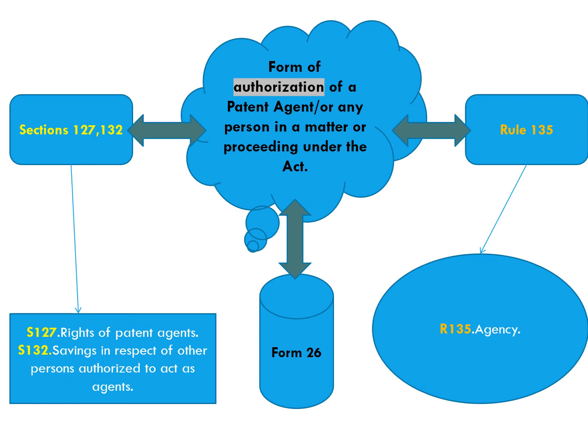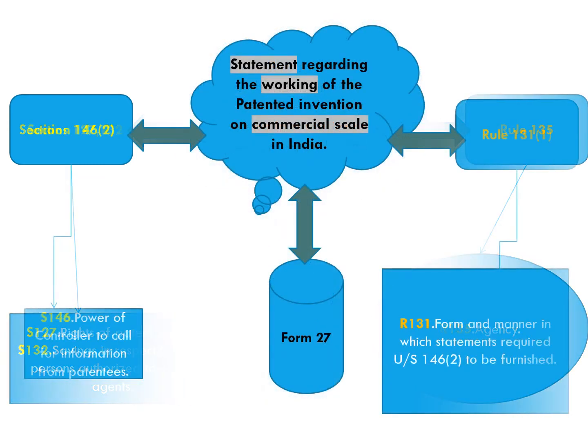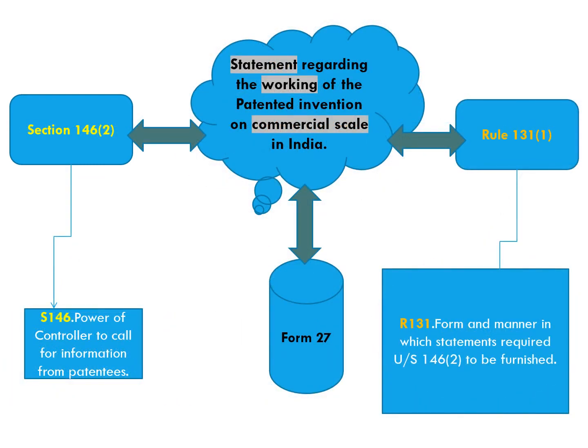And form 26 deals with the authorization of a patent agent or person similar to them who are authorized to do the same function or act. Fine. So just remember form number 26, section 127, 132, rule 135, and the keyword here is authorization. Fine. Let us proceed to form number 27.